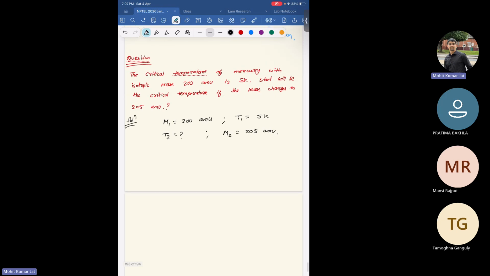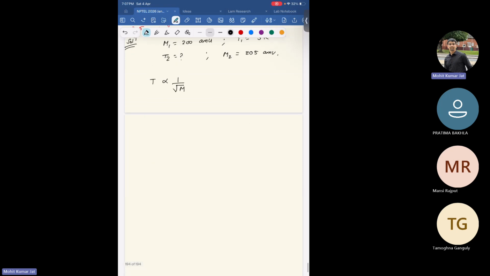Since we know that the critical temperature goes inversely with the square root of m, T1 by T2 is equal to the square root of m2 by m1, and we have to estimate T2. So T2 is equal to T1 times the square root of m1 by m2.